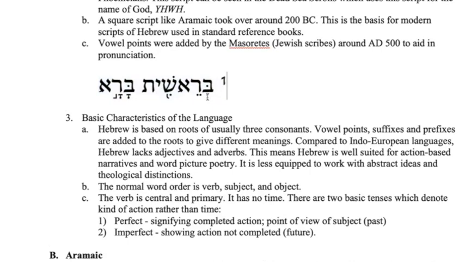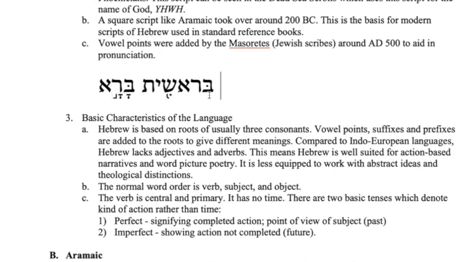So you see the little dots and the little, they look like small T's and the little dot at the top. Those are called vowel points. Those were added by the Masoretes around the year 500 AD. And they put those in to preserve the pronunciation. But the original Hebrew did not have the vowel points like I'm erasing here.